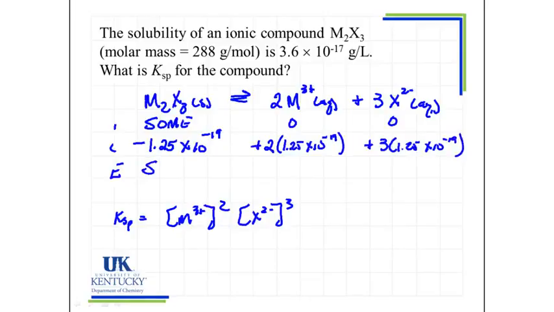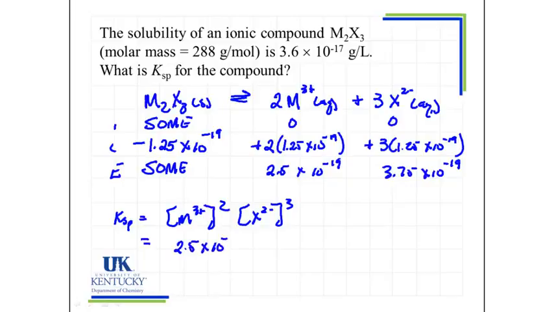So there's still going to be some of the solid on the bottom of my flask. But now we're going to have 2.5 times 10 to the minus 19 and 3.75 times 10 to the minus 19. Now we're ready to obtain the KSP value. For the metal, we put 2.5 times 10 to the minus 19, and that is squared.